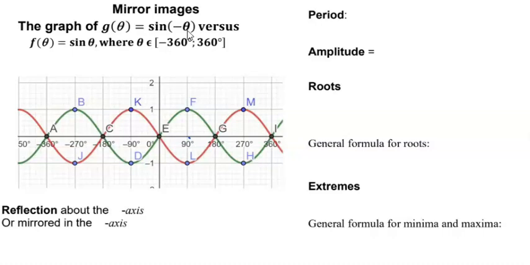If I now look, for instance, at the value of minus 90, what will happen if I take minus 90 and multiply it by a minus? Then I get plus 90. So what I do is read off this value and then plug it in. In other words, I take the minus 90, multiply by minus, read off on the original graph and make a dot there.